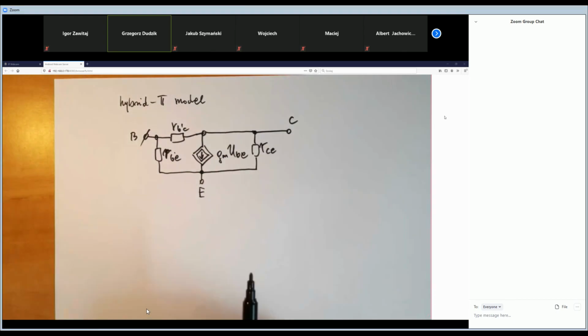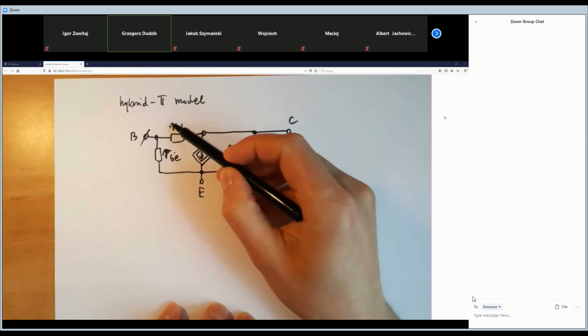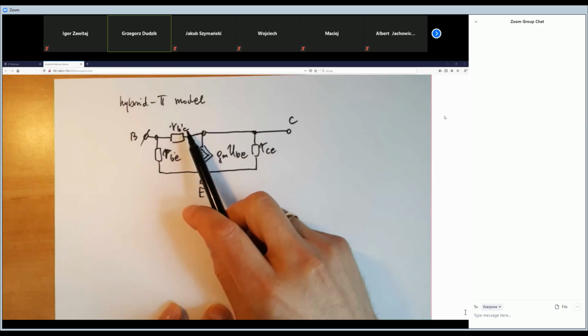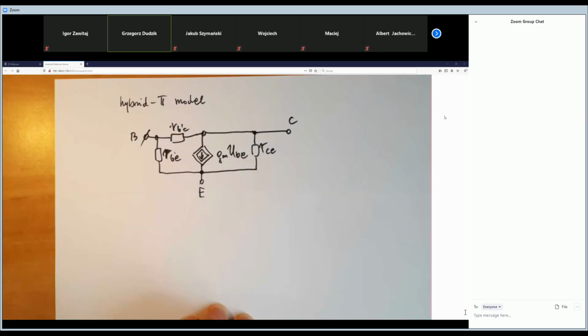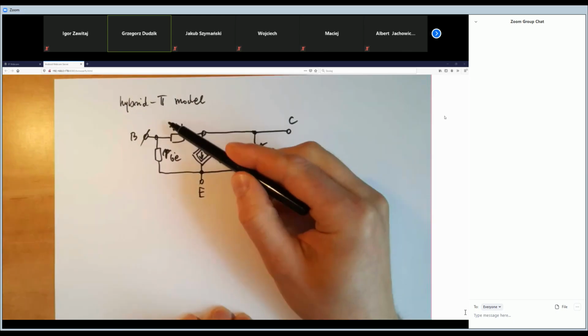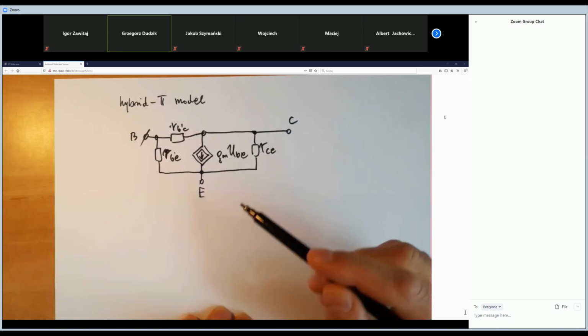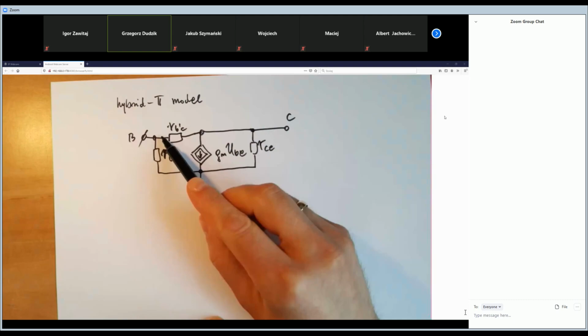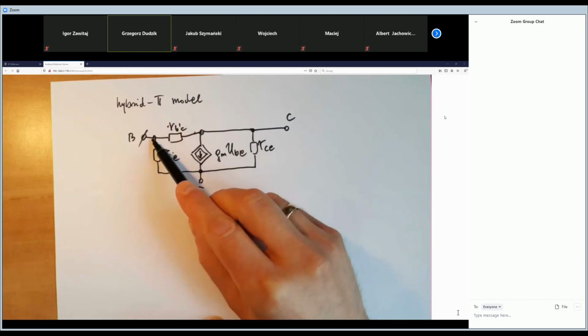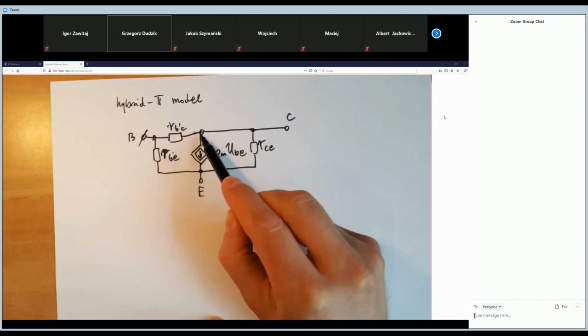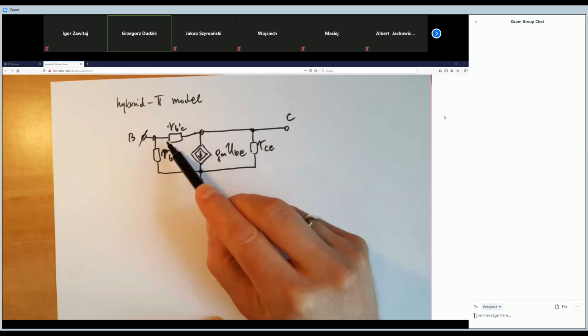However, you have to know that the resistance between the base and the collector is so huge, some megaohms. It means that we can approximate this model by an open circuit between these two points, because the RBC is so huge.